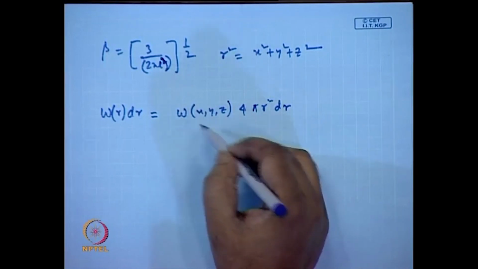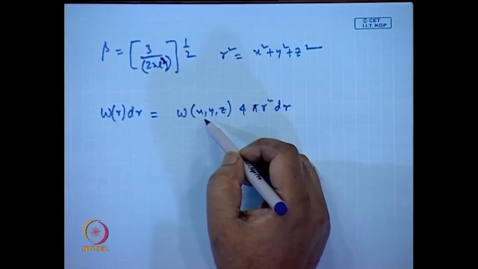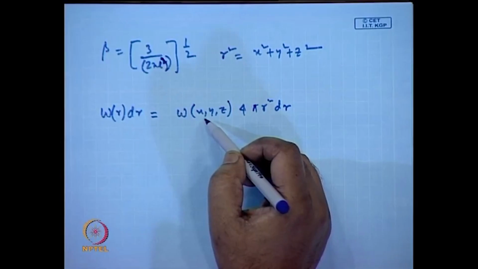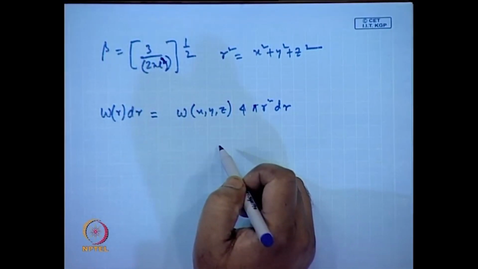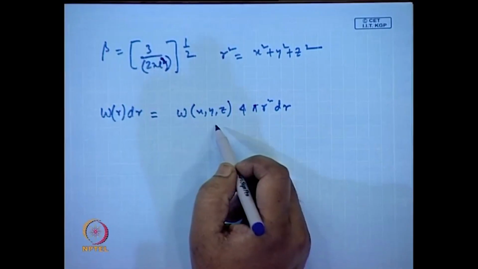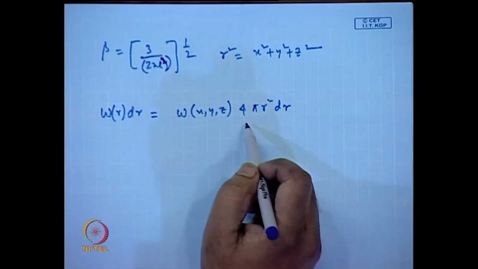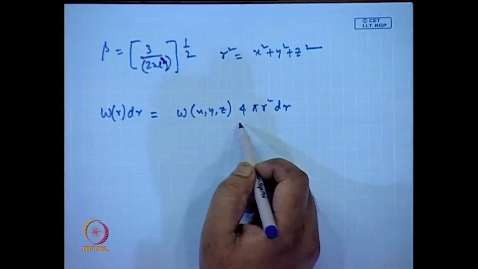So, this is the probability distribution function. The total probability of finding the other chain end at a distance r would be the probability distribution function multiplied by the volume element.